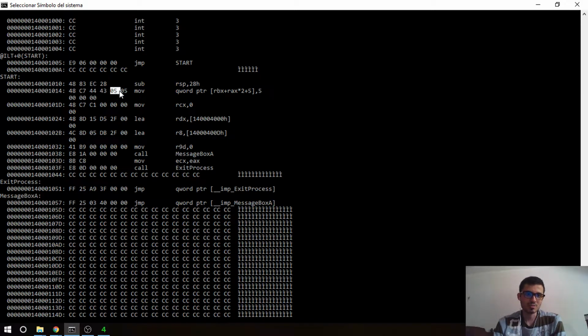So this is the displacement and this is the immediate. Do you see? And then we have other extra trailing zeros. So we have the displacement, immediate, SIB, ModRM, and the opcode, the primary opcode.